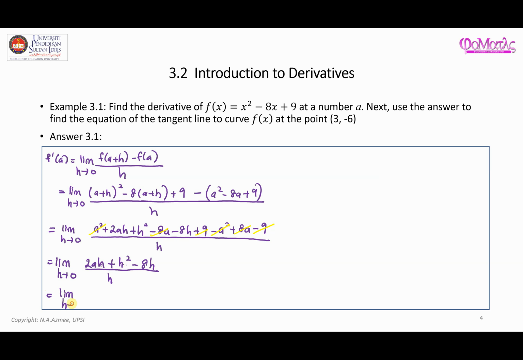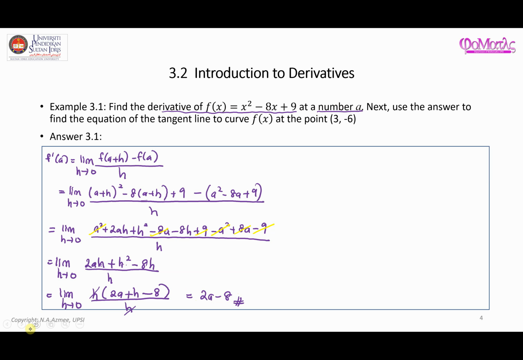So we have h factored out, giving 2a + h - 8 over h, and you can see that this can be cancelled out. If you substitute 0 for h, the final answer is going to be 2a - 8. Okay, so that's the answer for the first question here, the derivative at a number a.